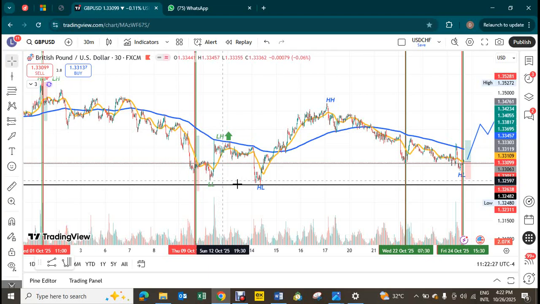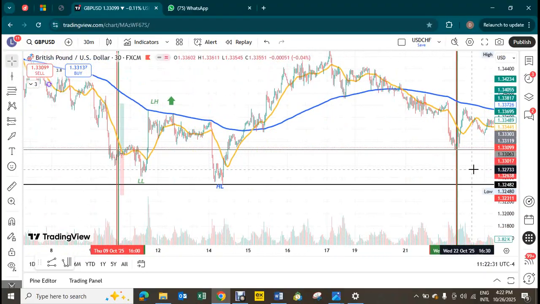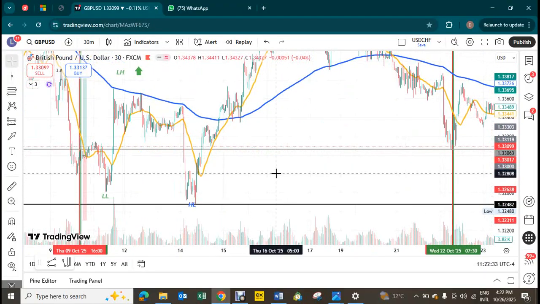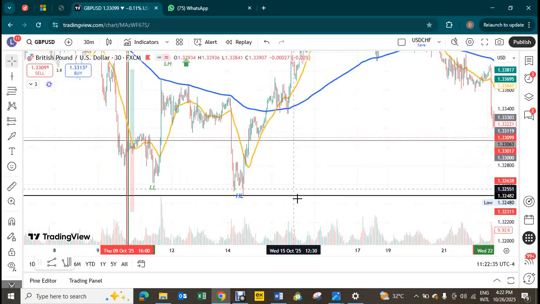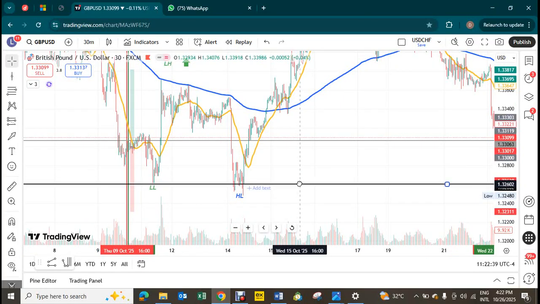If we look closely, you can see here. Let me draw this one here. What happened here?